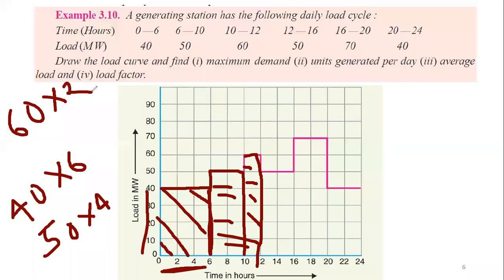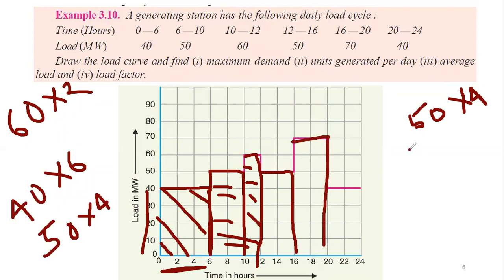Similarly, this area is 50 into 4, then 70 into 4, and finally 40 into 4.